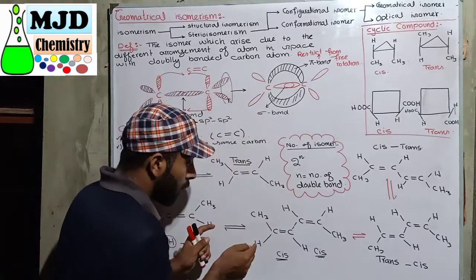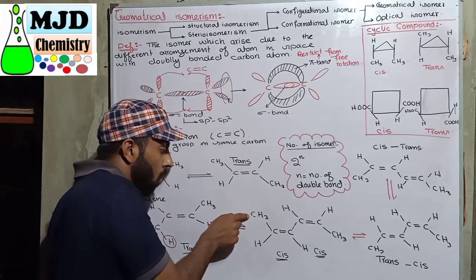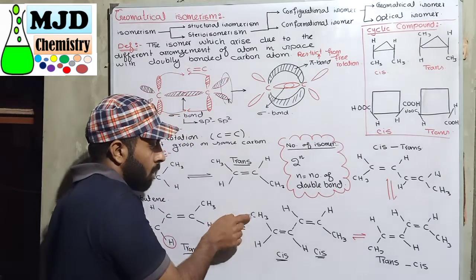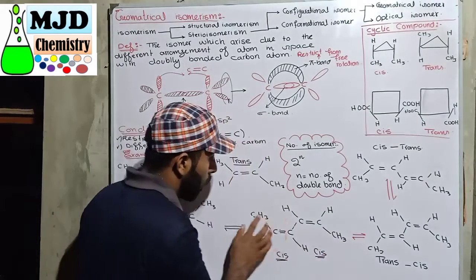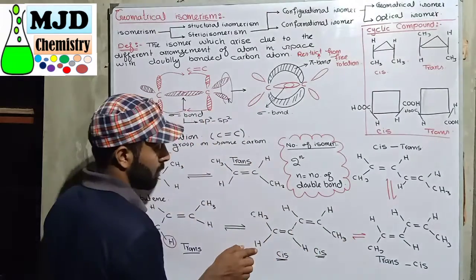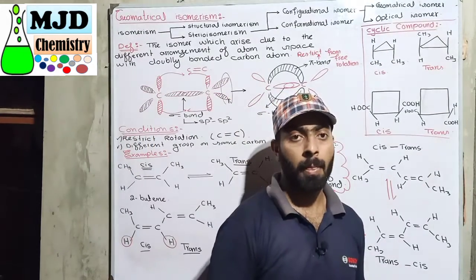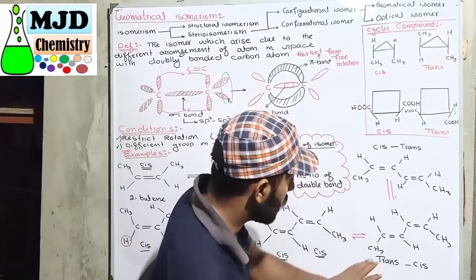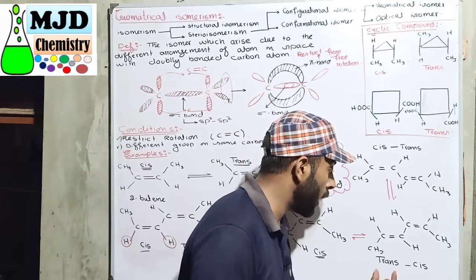Then we look at another. Here, I only change the position of these two groups. Here it is below and here it is above. Then this type of isomer is trans-cis. Why trans-cis?